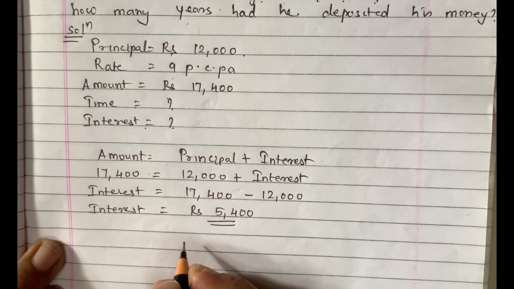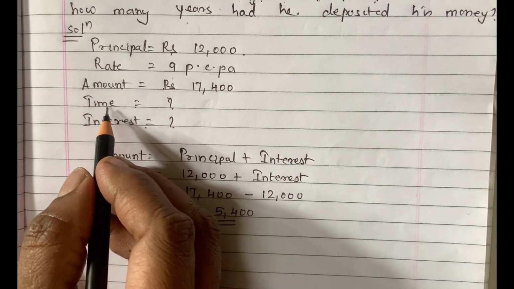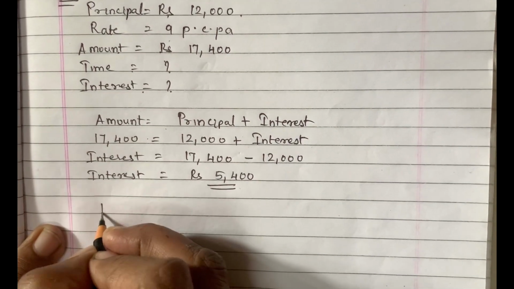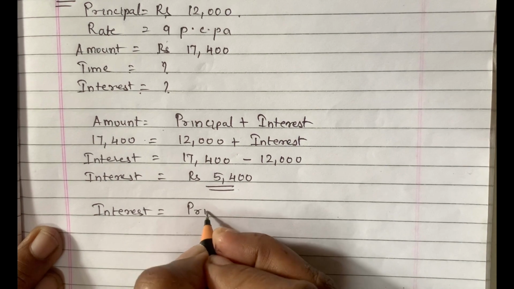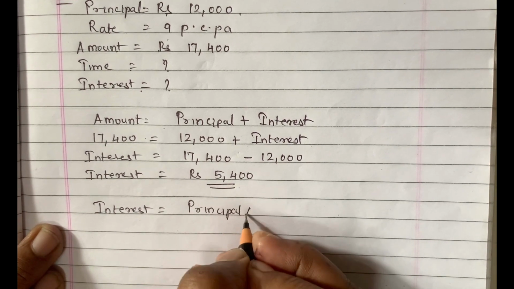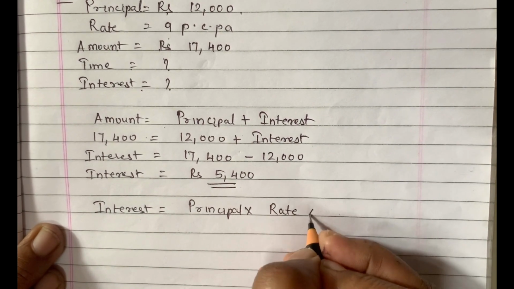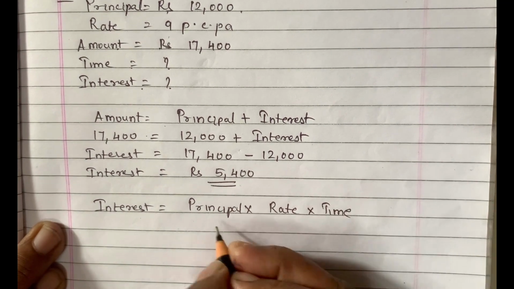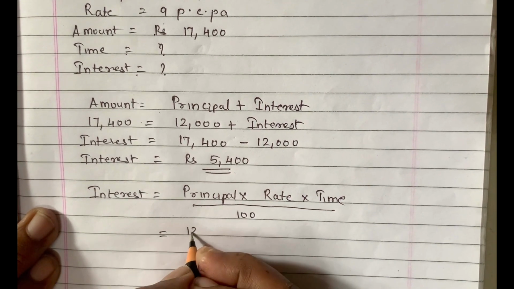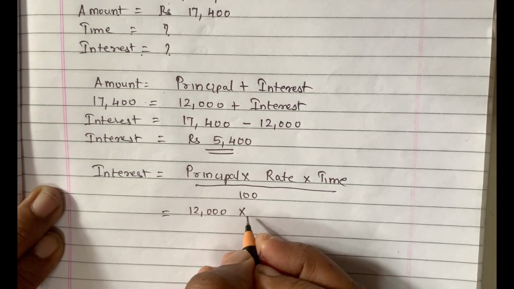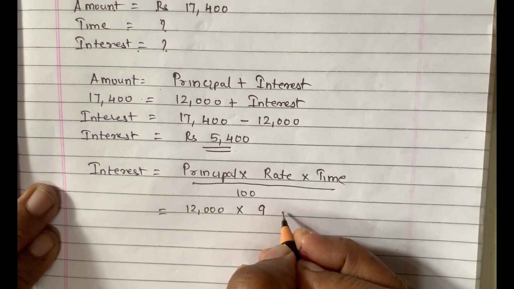Now we have to calculate the time, that is number of years. So we will use now the interest formula. Interest equal to principal into rate into time upon 100. What is principal? 12,000. What is rate? 9% per annum.